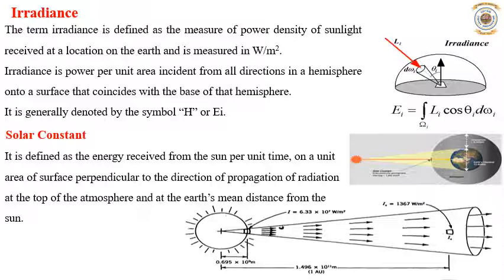Okay, so this is the amount of energy received in unit time on a unit area perpendicular to the sun's direction at the mean distance of the earth from the sun.